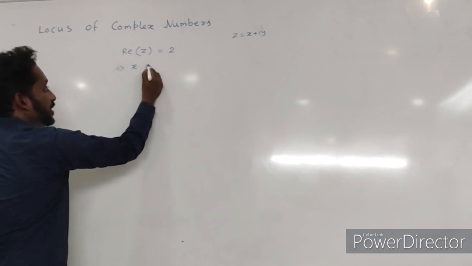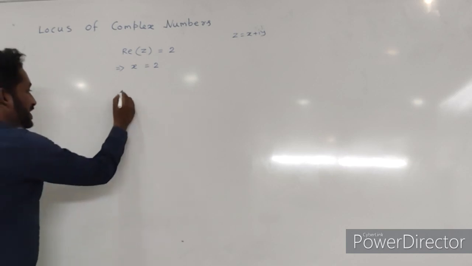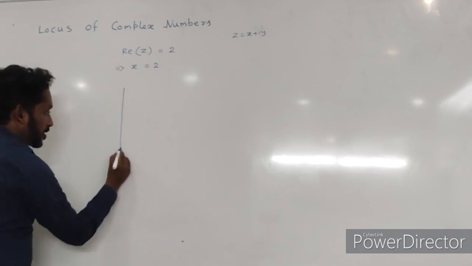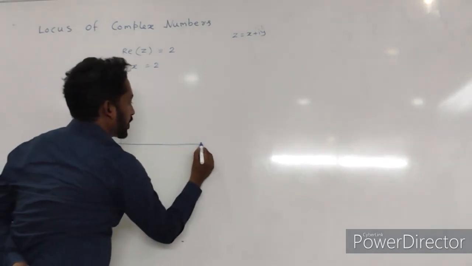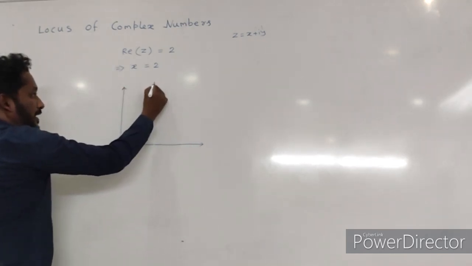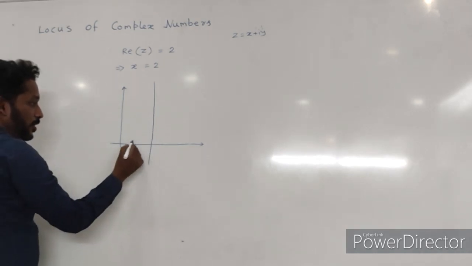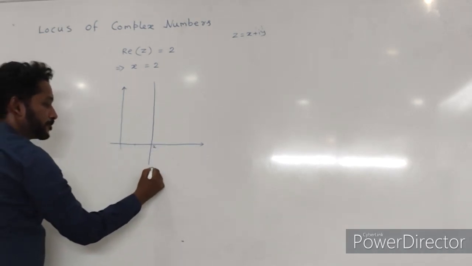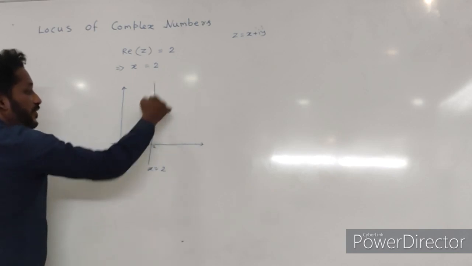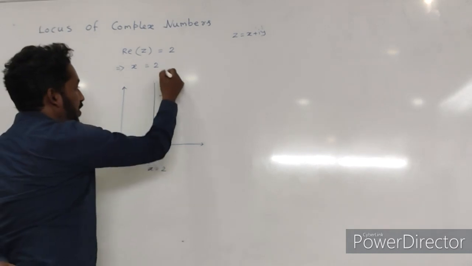So this equation turns out to be x is equal to 2. And that's why if I draw the line x is equal to 2, that will be a vertical line passing through x equal to 2 unit. This will be the locus of z.